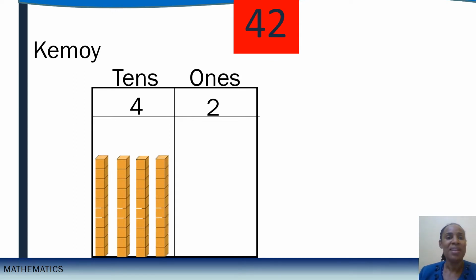And which base 10 blocks do you think he would use to show 2 ones? Great going, boys and girls. If you said he would use the units, you are correct. And there we have it, 2 units. Now, let us look at how Dylan represented the number 42 using base 10 blocks.